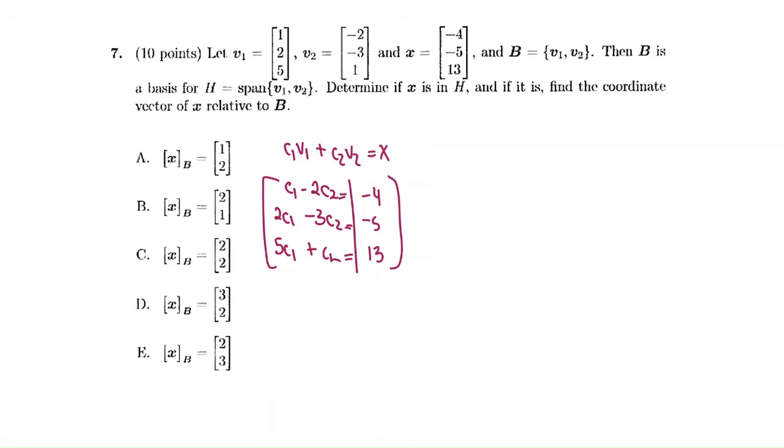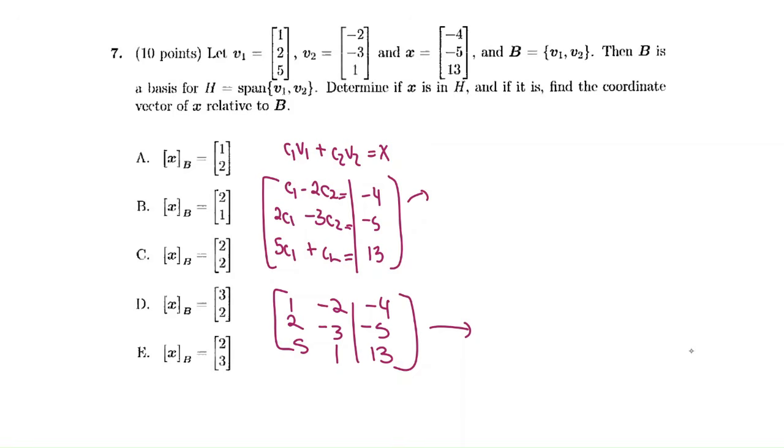So we're going to write this in matrix form. So we have 1, -2, -4, -5, 13, 2, -3, 5, 1. Okay, so now we just want to row reduce this to figure out what C1 and C2 are.